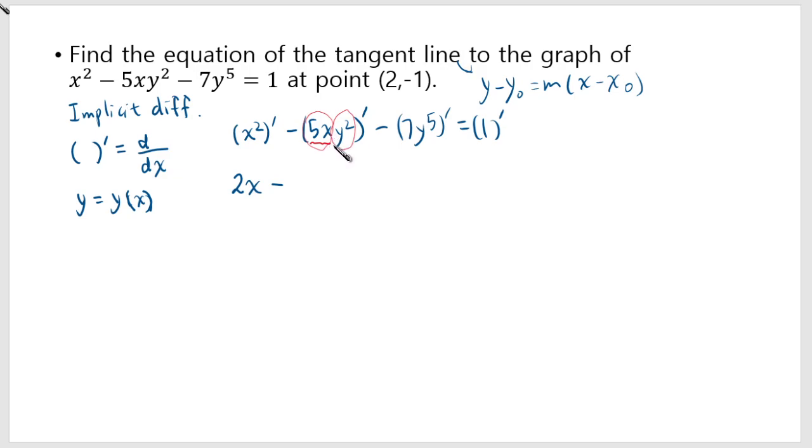How do you differentiate it? Well, it's a product, so you must use the product rule. You have no choice. You have to use the product rule because there's no way to write this as a non-product. So we apply the product rule.